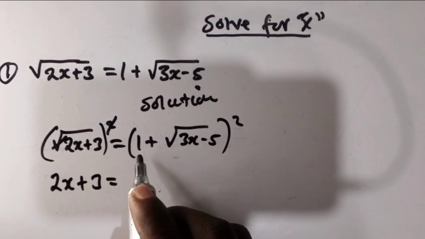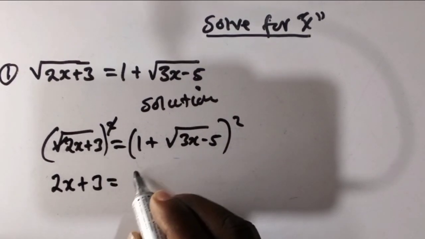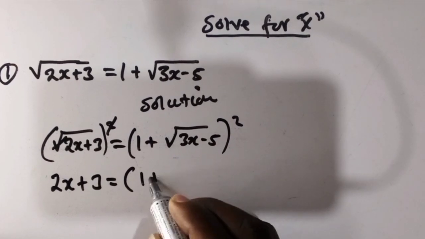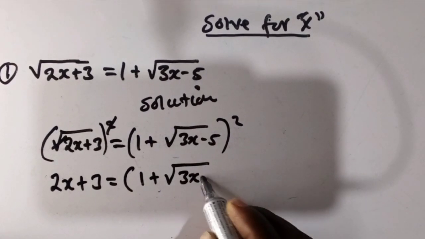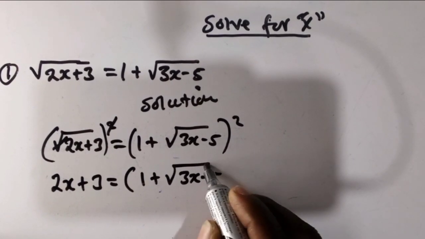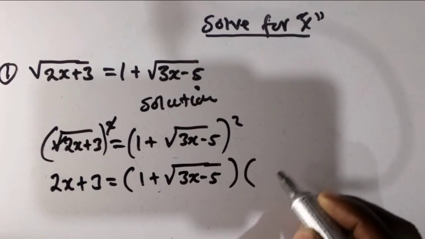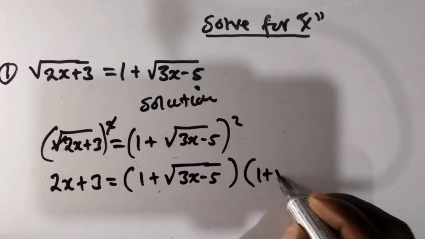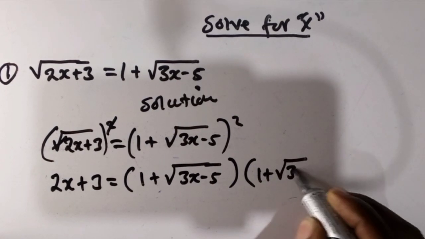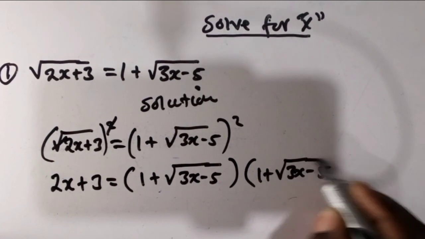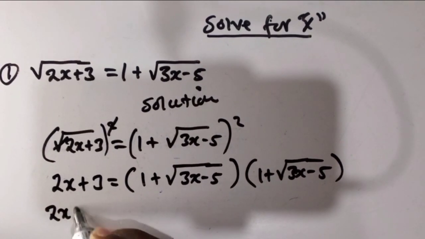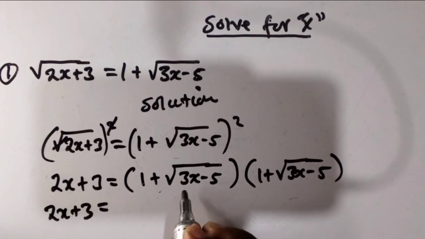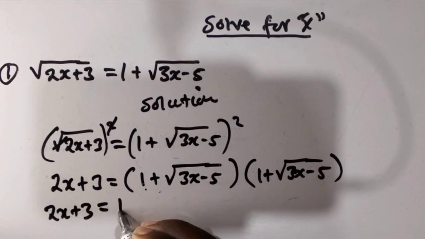Which equals, this one is a difference of 2 squares, so we say 1 plus the square root of 3x minus 5, close bracket, open bracket, 1 plus the square root of 3x minus 5. Then we have 2x plus 3 equals 1 times 1, which is 1.